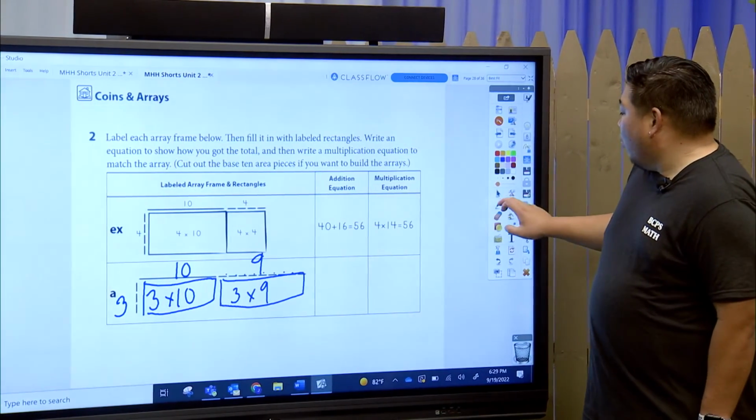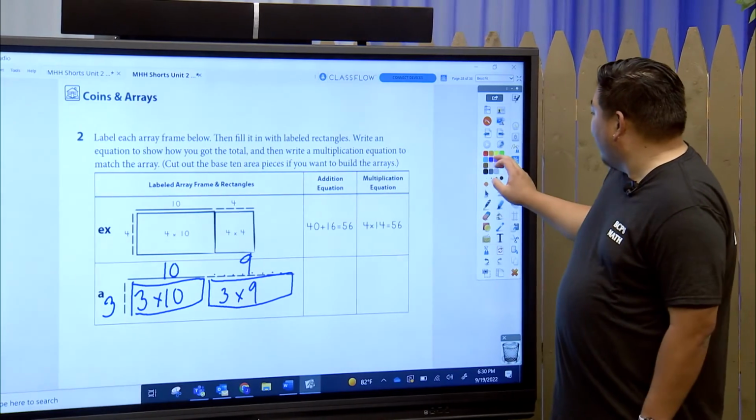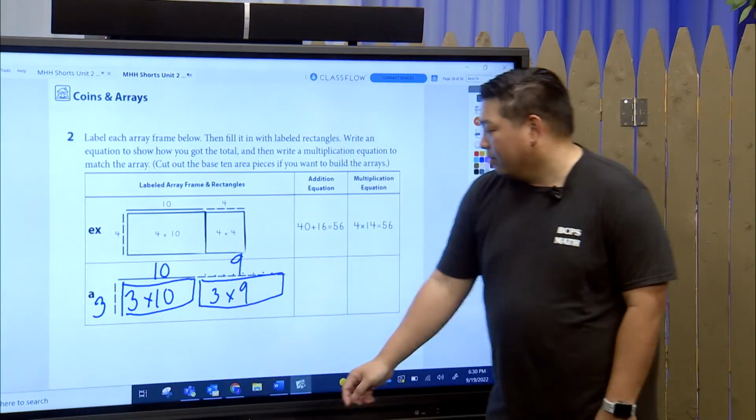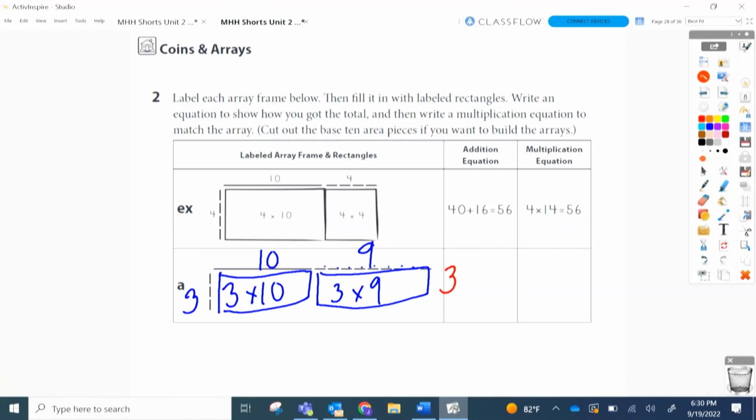So now that we have both of our arrays, we can go ahead and solve for them. So what is 3 times 10? That would be 30. And we're going to add that to the product of this rectangle here, which is 3 times 9? 27. So 30 plus 27?